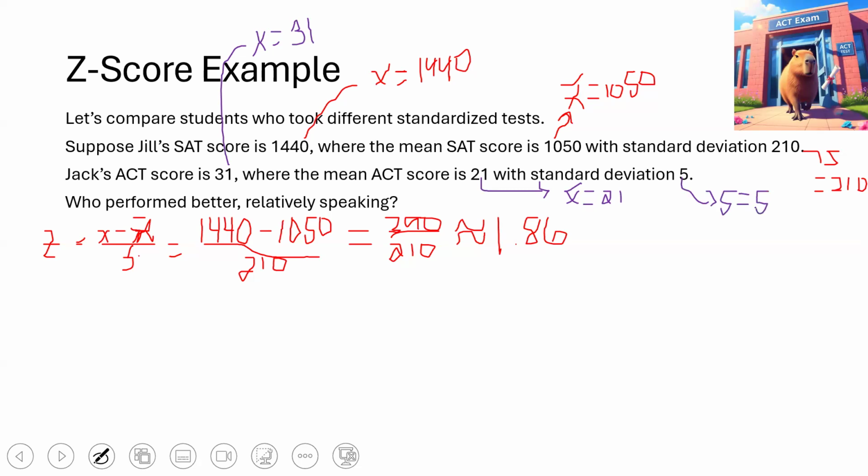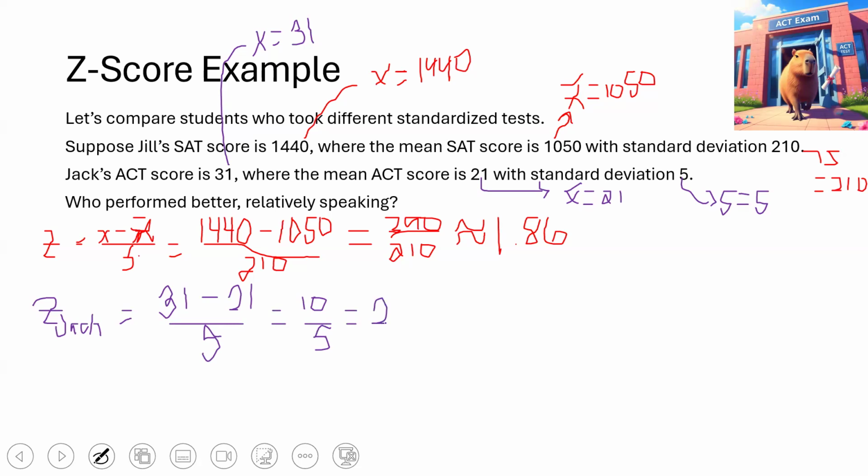So if we plug into the formula for Jack, his score was 31 minus the mean, which is 21, over that standard deviation, which is 5. So that's 10 divided by 5, or 2.